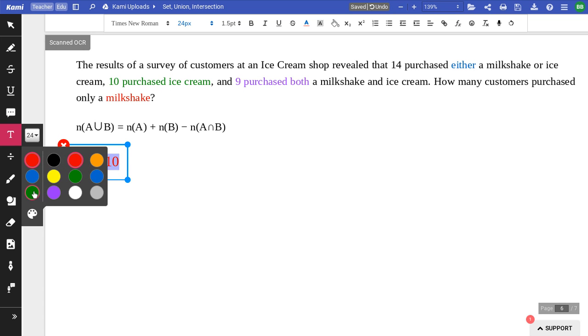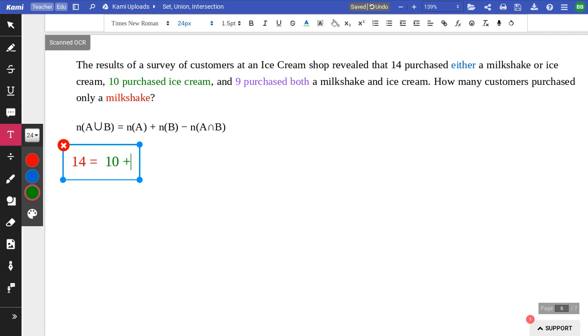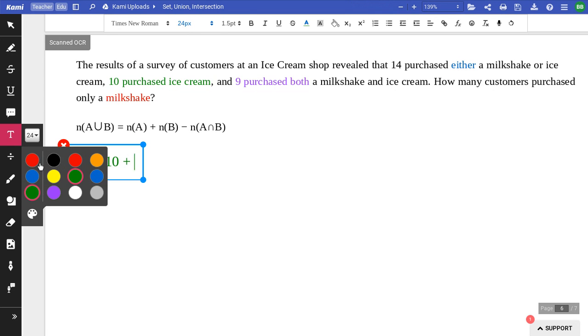Change that to green so it'll correlate what we have right now. Plus the milkshake, we don't know how many people purchase a milkshake.